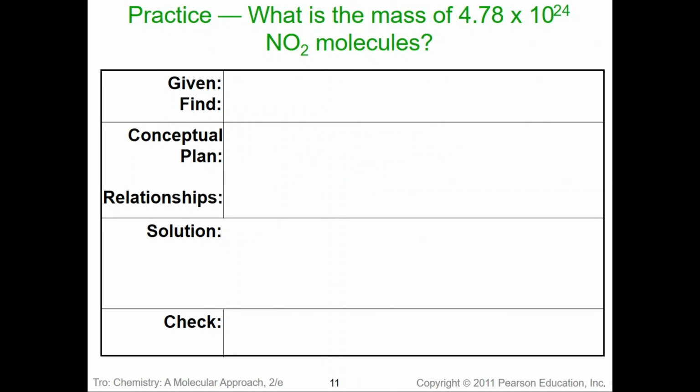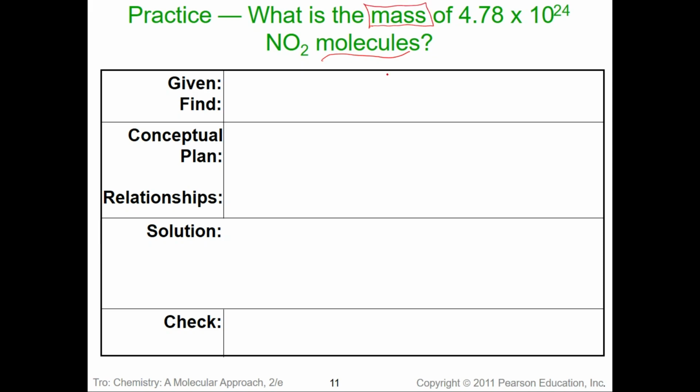Now, if the question asks you the reverse concept, you already have molecules. What is the mass of 4.78 times 10 power of 24 molecules? The question asks for mass.